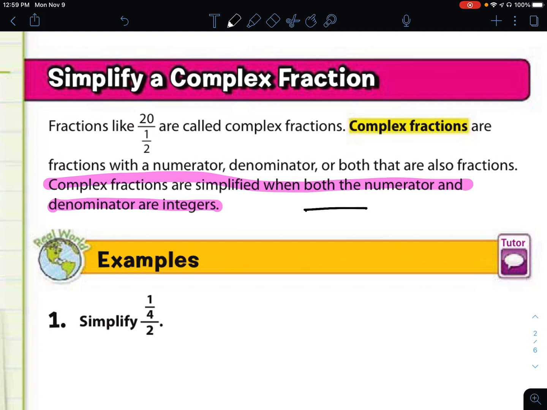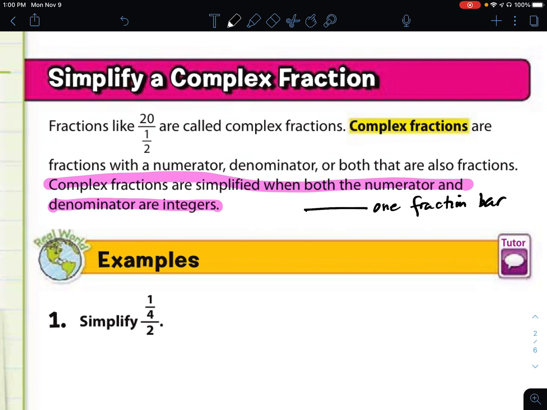If you have multiple fraction bars, it is not yet in simplest form, okay? So what that is saying is that if your numerator and denominator are integers and not fractions, and you only have one fraction bar, then the complex fraction is considered to be simplified.